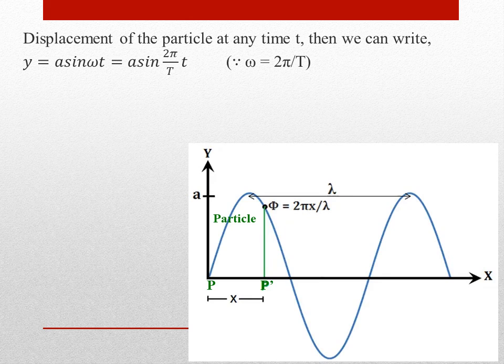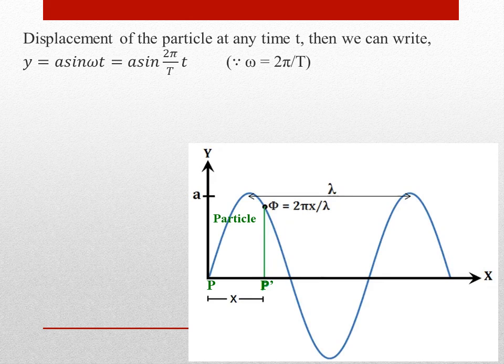Now, the motion of any particle P prime is exactly similar to that of P in amplitude and in time, but it only lags in phase behind the latter. Let x be the distance of P from P prime.